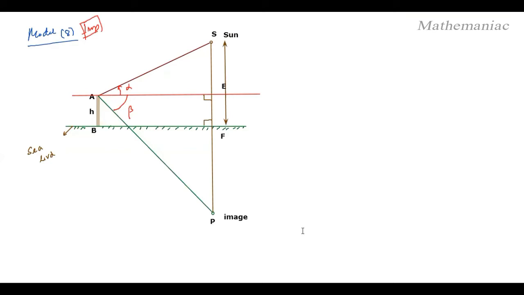Now we have to find the height of the sun from the surface of the sea level. That is, in the question, we have to find SF, by the time we know what AB is.